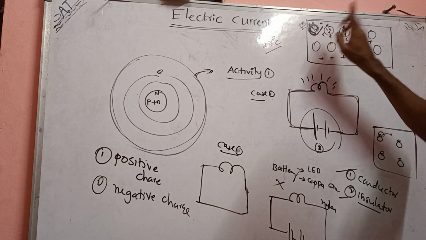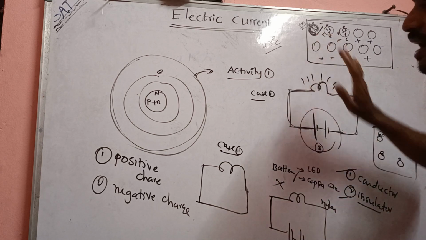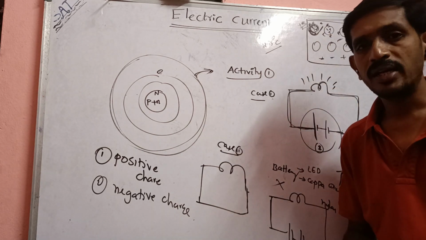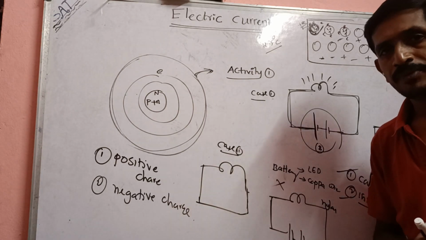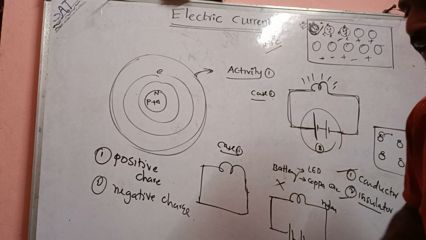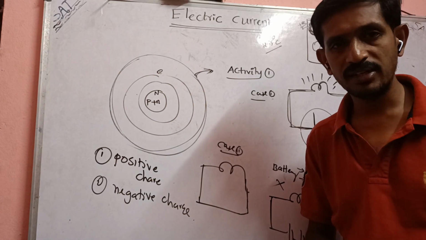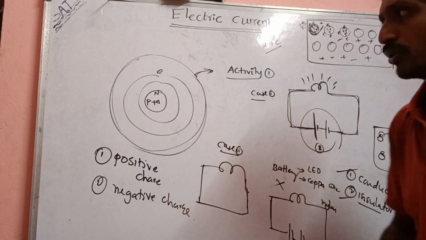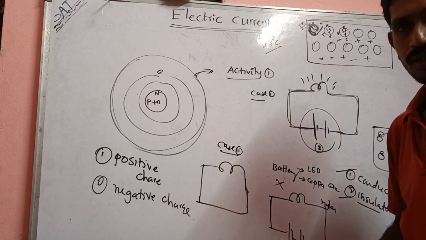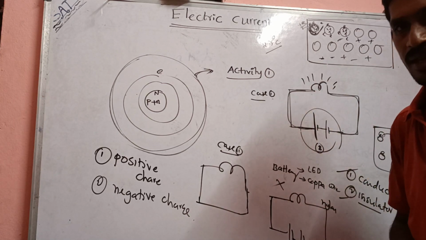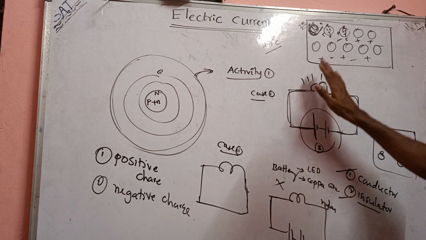The electron has negative charge, the proton has positive charge, and the neutron has no charge. So my question is, who is responsible for the electric current? Electrons, because the positive charge does not move. Practically, the positive charge does not move.